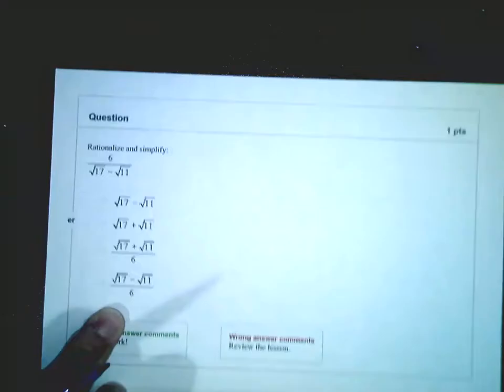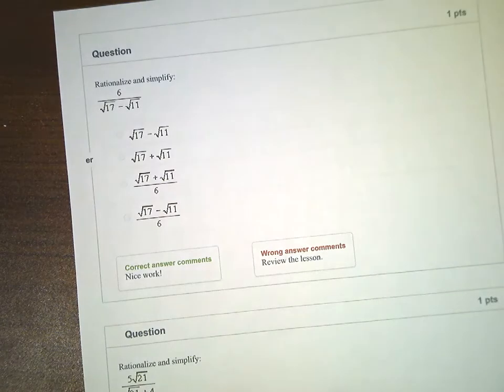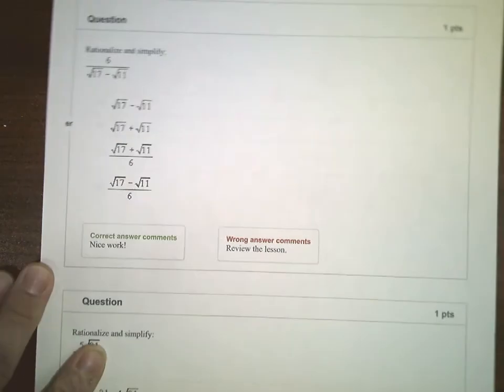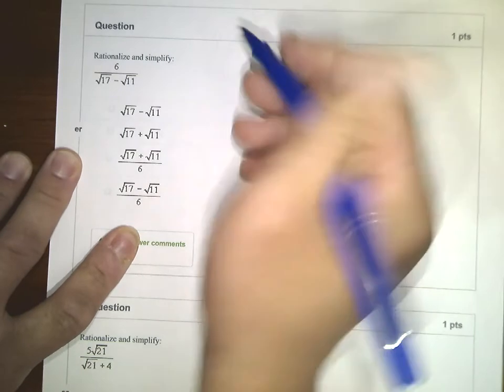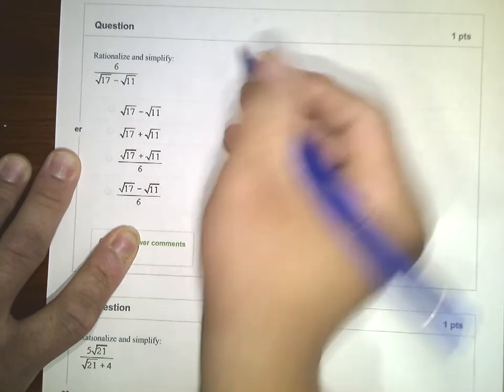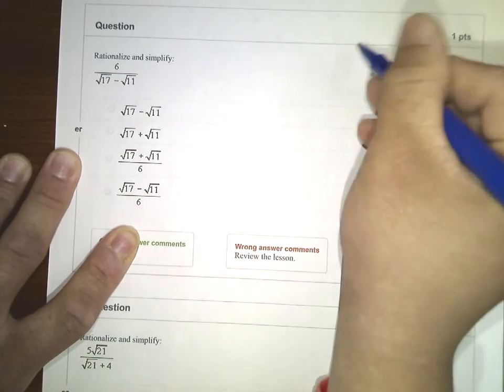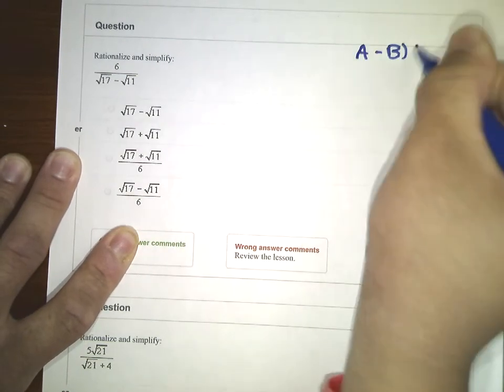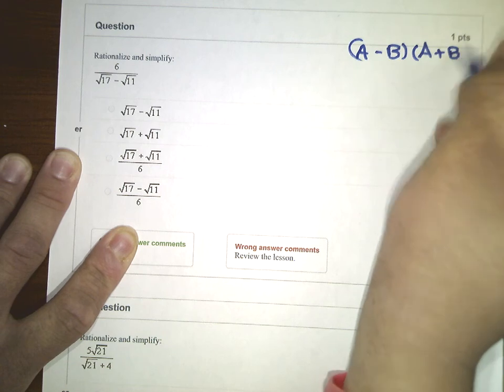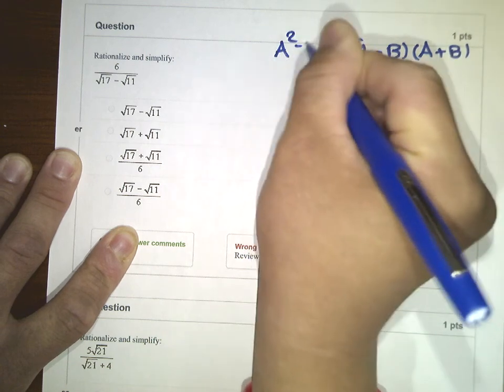So let's try another example of rationalizing and simplifying, or specifically, again, rationalizing the denominator. Remember my pattern: a minus b times a plus b will be a squared minus b squared.